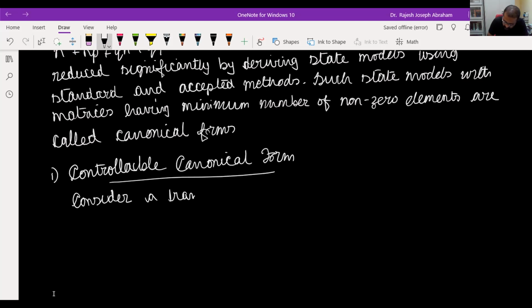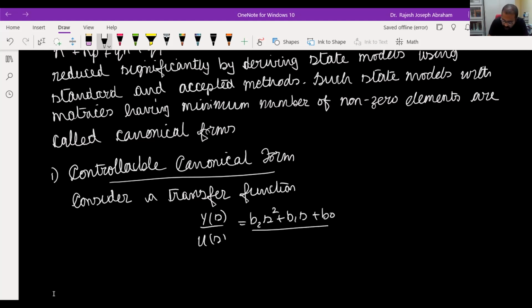Consider a transfer function, say Y of s by U of s equals b2 s square plus b1 s plus b0, whole divided by s cube plus a2 s square plus a1 s plus a0. Okay, this is the transfer function.